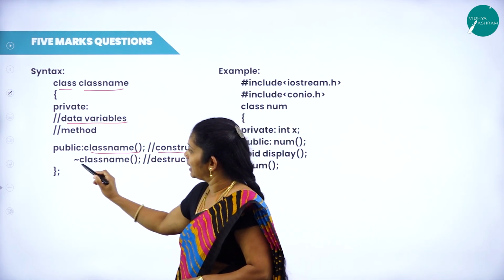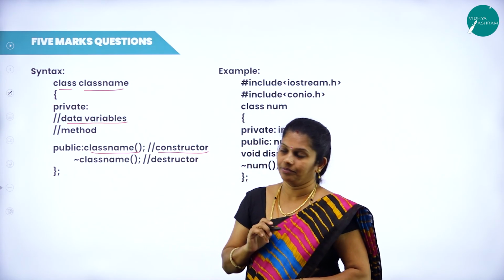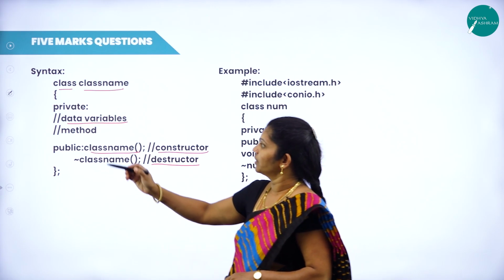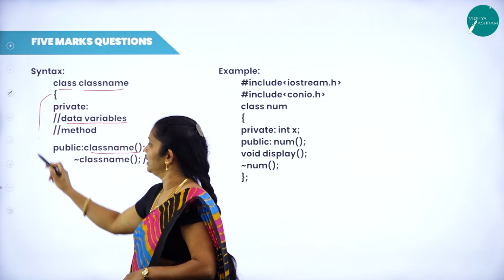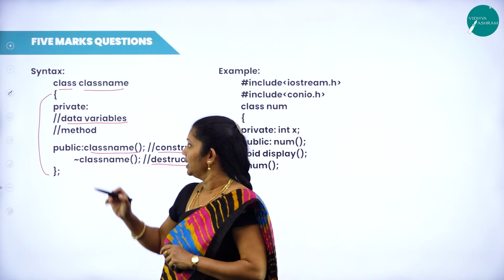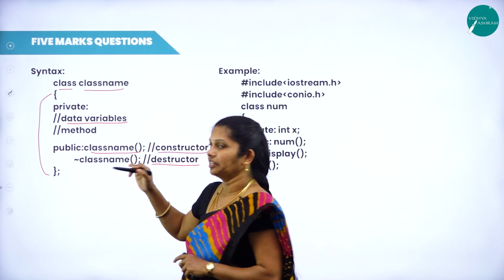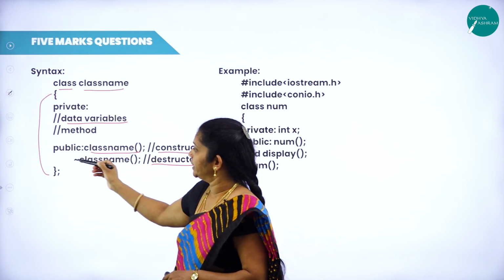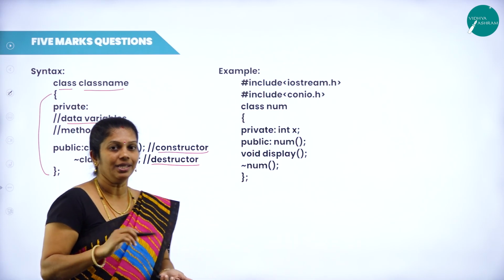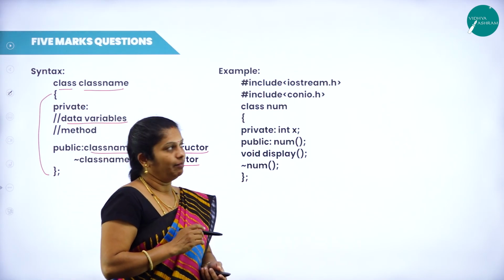But before this class name we have the tilde operator, so it is called the destructor. Here we opened the class, and here we are closing it. The class name and destructor name are the same, but the destructor is preceded by the tilde operator. The constructor will allocate the memory, and the destructor will deallocate the memory.